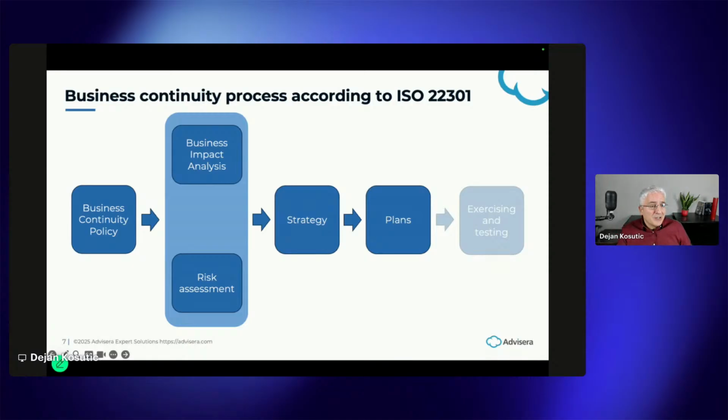If you don't have the RPO, you're not going to know how quickly you need to recover. If you don't have a risk assessment, you're not going to know what the biggest or most important scenarios are that you have to prepare for. If you don't have the strategy, you will simply be left without any resources. You might have the list of resources, but if they're not ready when an incident occurs, then again these plans will be useless.